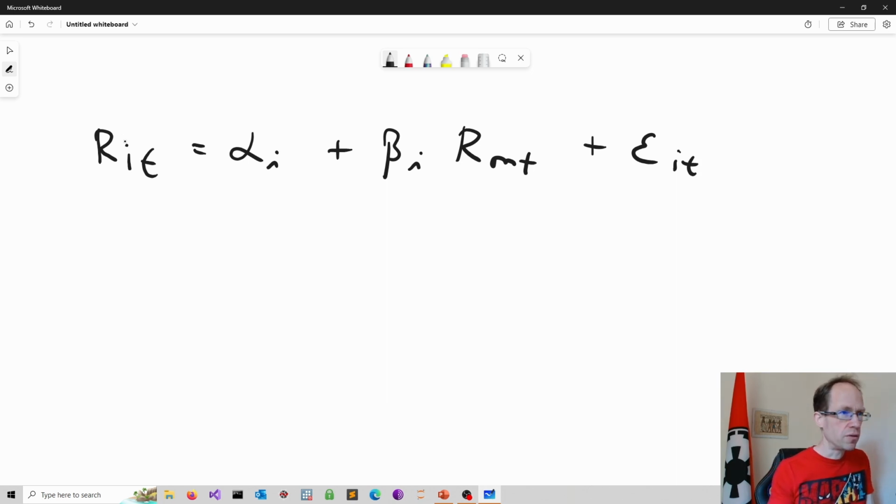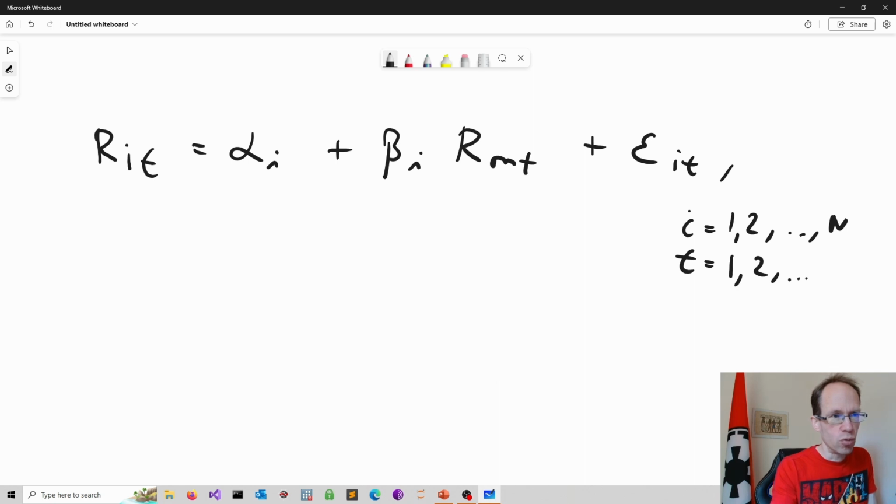Now i would refer in this case to our cross-sectional dimension, so I just put a comma here and state that i is running from 1, 2 up to capital N, and time would be maybe an estimation window running up to maybe say capital T. So that would be our estimation period.